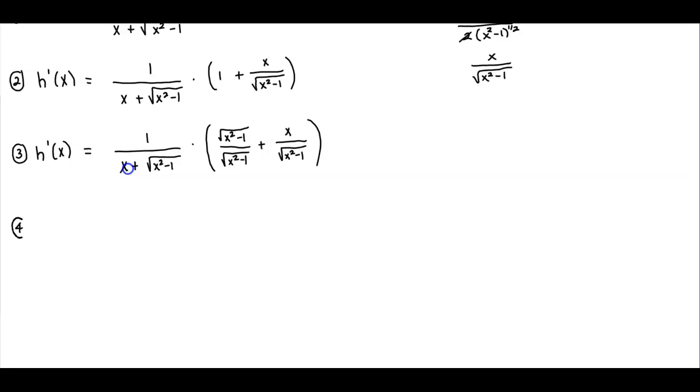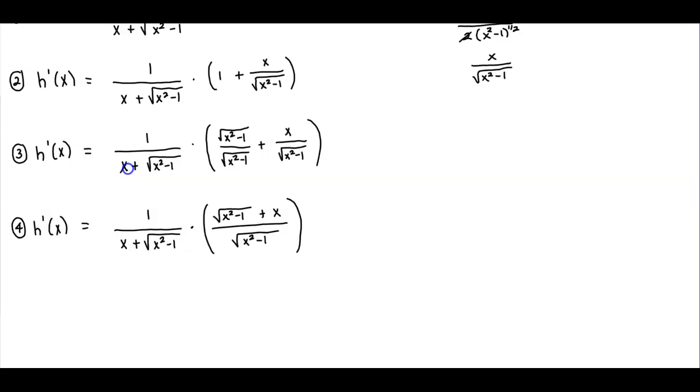So we end up getting now h prime of x, which is going to equal, again, 1 over x plus the square root of x squared minus 1. And we want to multiply that by, we have the square root of x squared minus 1 plus x over the square root of x squared minus 1.